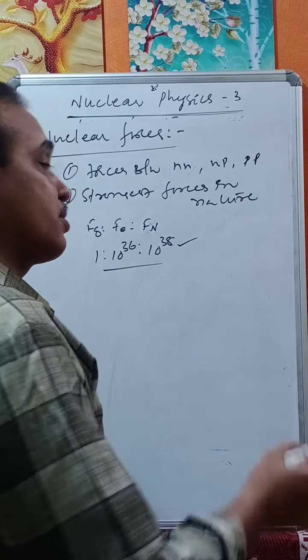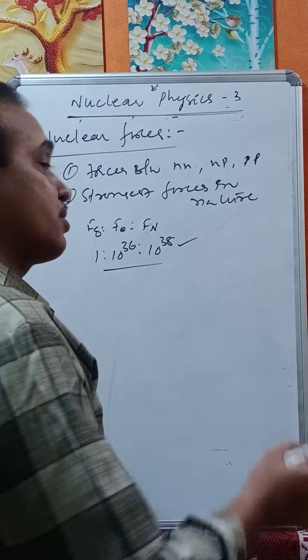So if you apply Coulomb's law inside the nucleus, what happens? According to Coulomb's law, protons and protons should repel each other because they both have positive charge. But the nucleus is stable. Here, the nuclear forces dominate the electrical forces because they are the strongest forces in nature. Nuclear forces are stronger than the Coulombian repulsive force, so they dominate the repulsion between proton and proton.